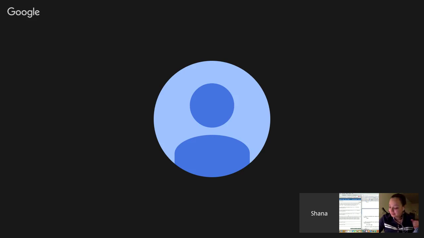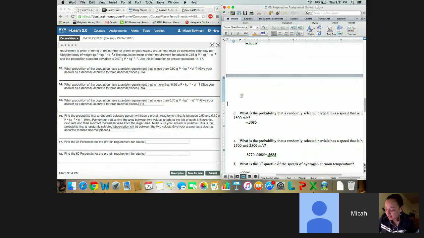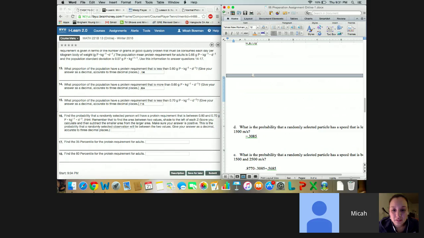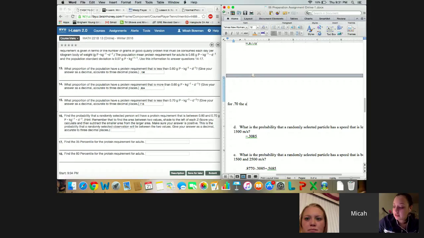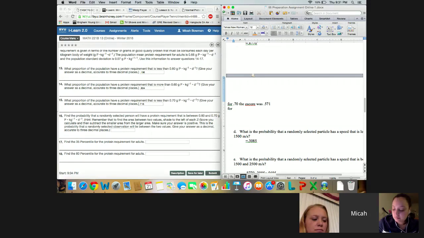You have the right numbers. So look at the right side of my screen. For 0.7, that was our x value, the z-score was 0.571, and for 0.6, the z-score was 0.0857.